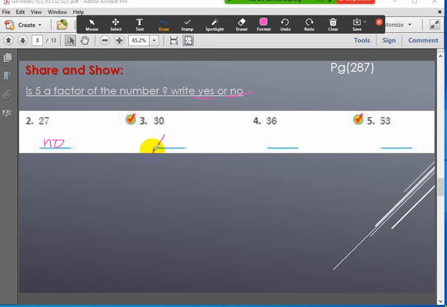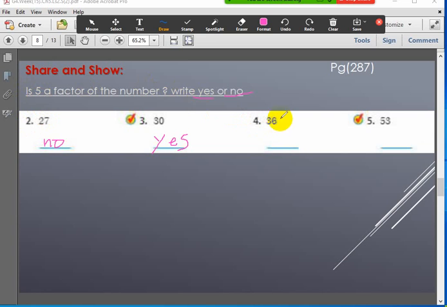So the answer is yes. Yes, 5 is a factor of 30. Why no for 27? Because the ones digit is 7. 7 is not 0 and is not 5. So that means I can't divide 27 by 5 according to the rules.